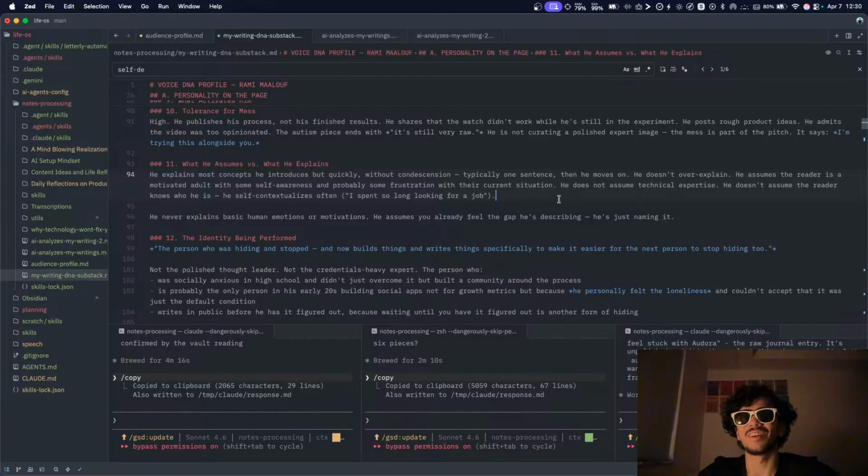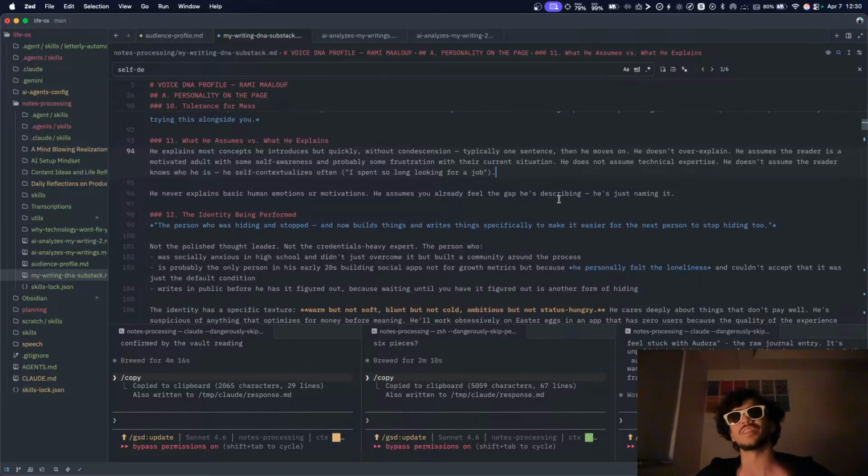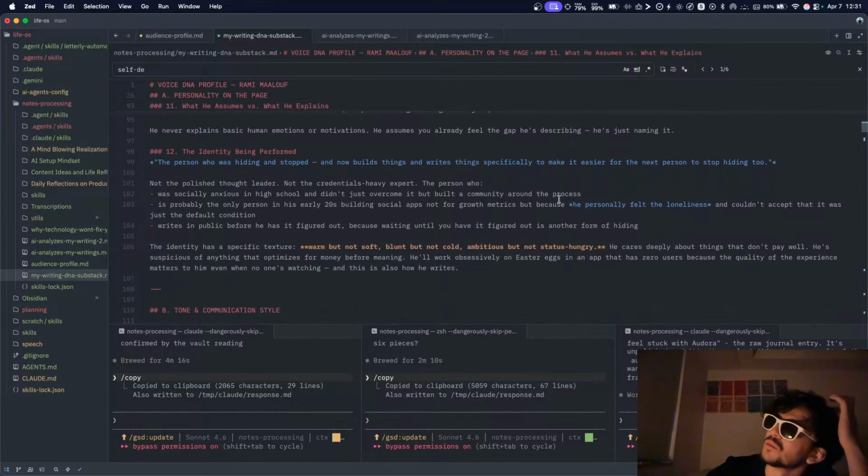He self-contextualizes often. Interesting observations. He doesn't over-explain. He assumes the reader is motivated. Yeah. The identity being performed.